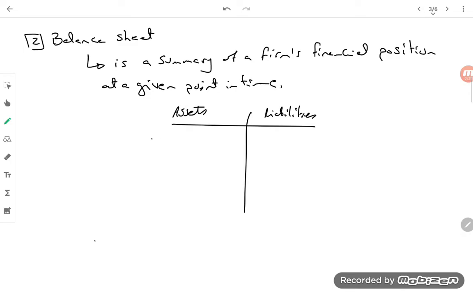Assets, what the firm owns. And with respect to the liability side, it is liability and equity.